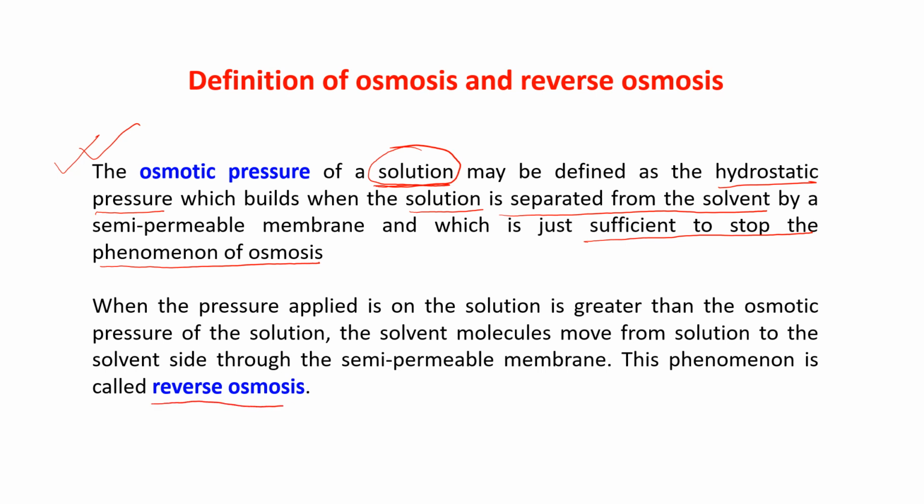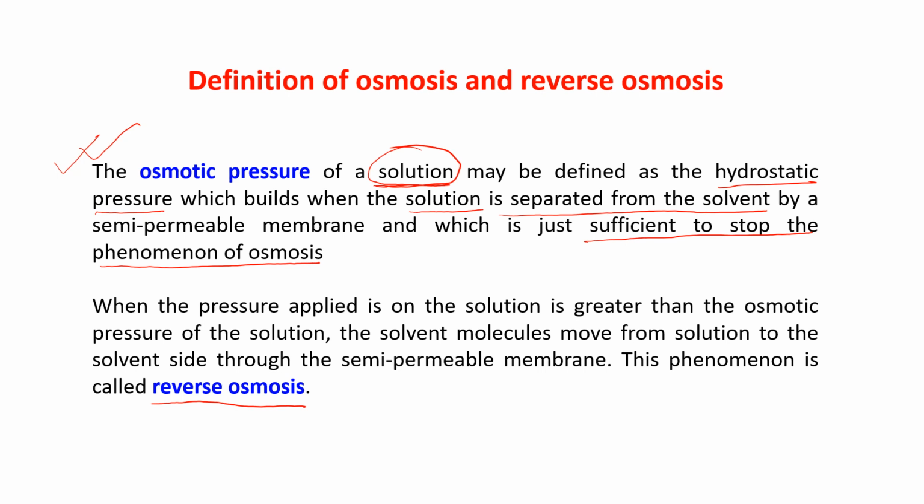Next is reverse osmosis. When the pressure applied on the solution is greater than the osmotic pressure of the solution, then what will happen? The solvent molecules move from the solution to the solvent side, just the reverse of the process of osmosis.